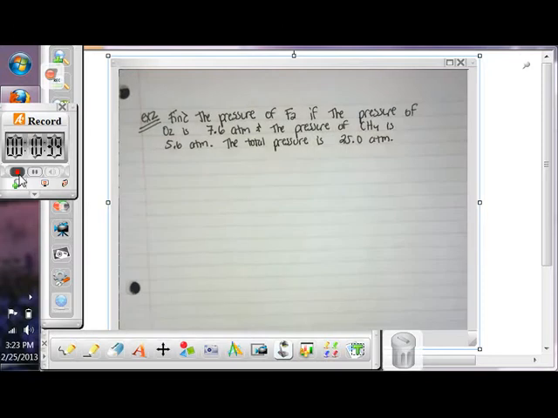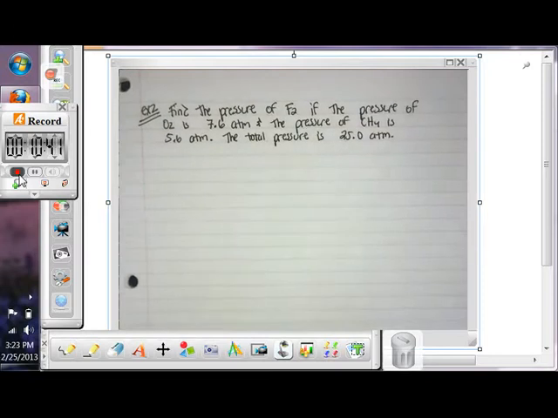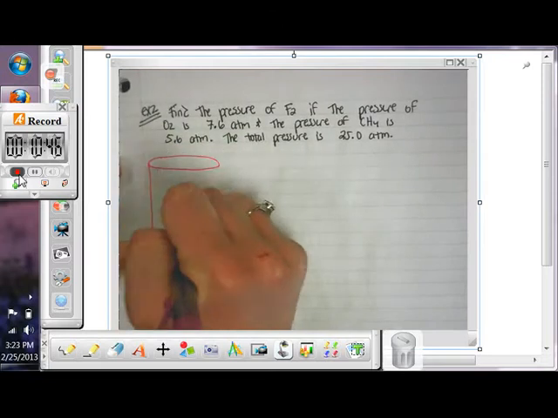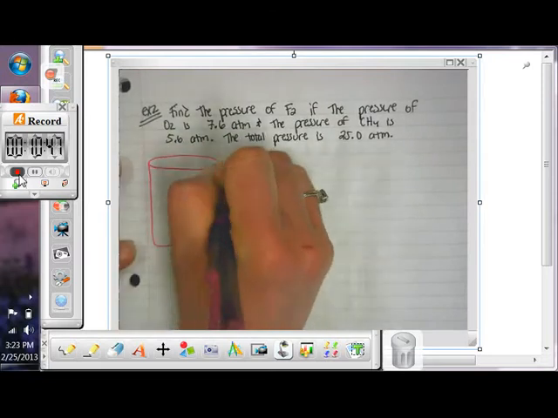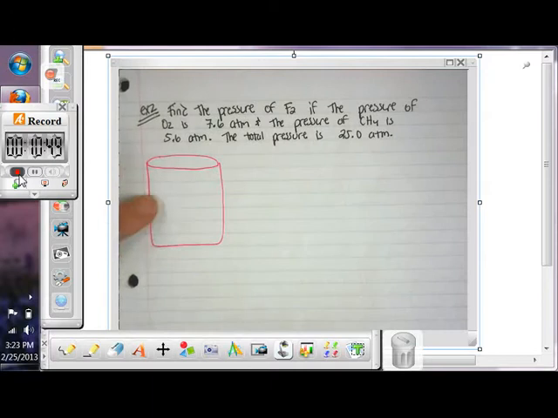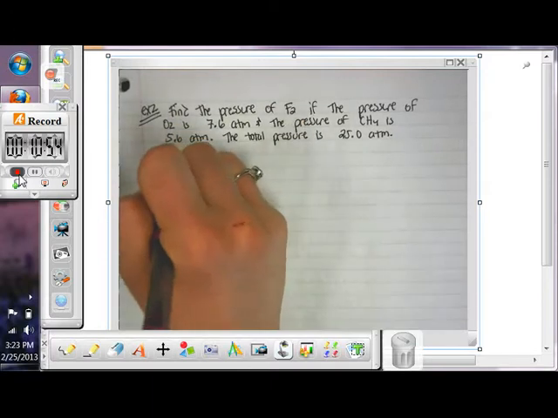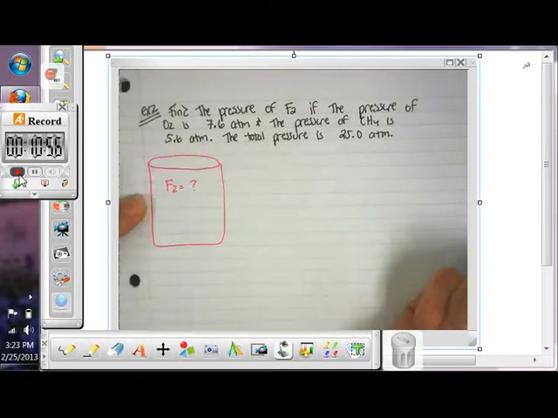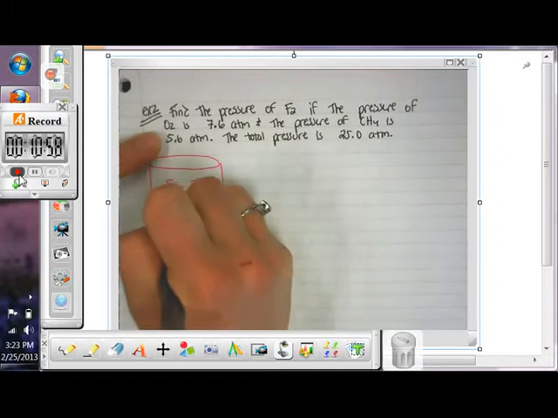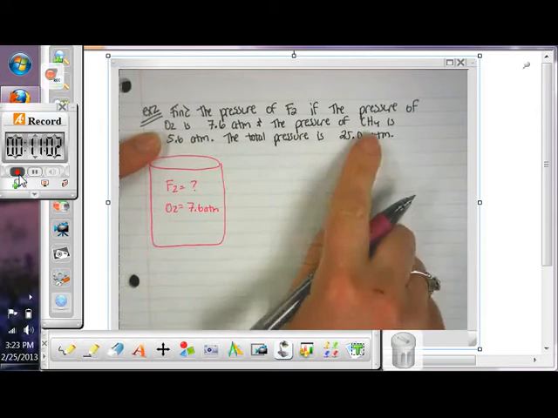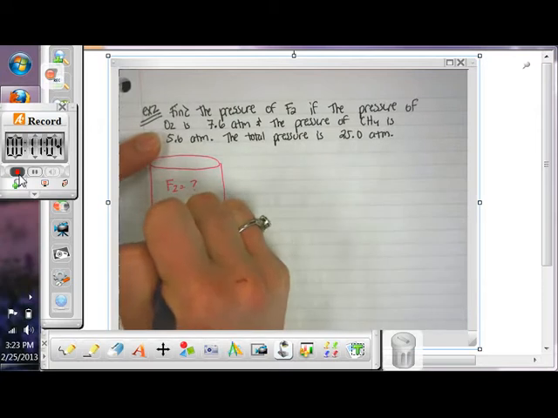So I'm going to go ahead and once again just draw a little diagram so we can see more visually what's happening. So they want the pressure of F2. We don't know what that is, but we know the pressure of O2 is 7.6 atm, and we know the pressure of CH4 is 5.6 atm.